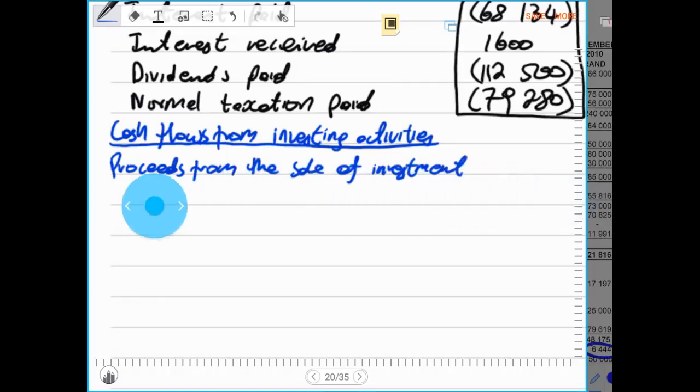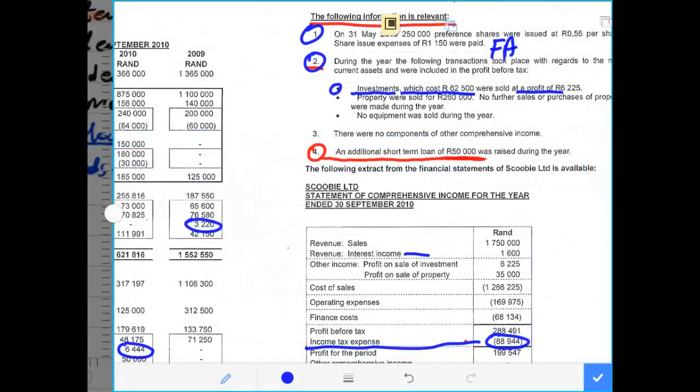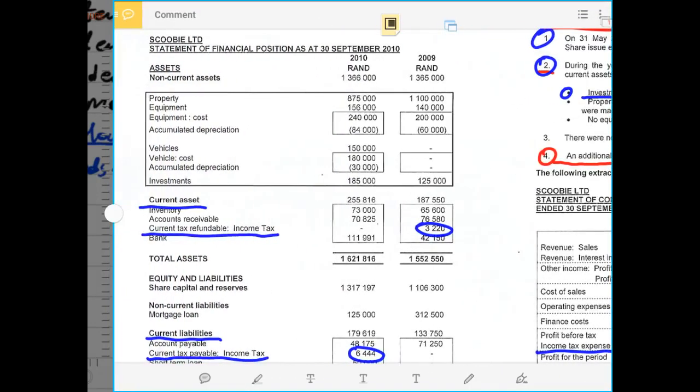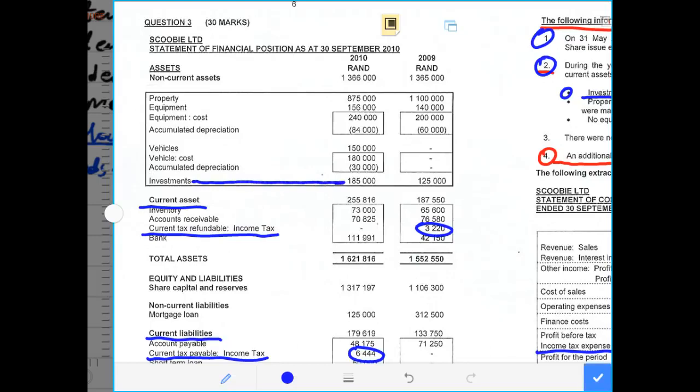In this case, we know that the cost of the investment was 62,500, and investment does not depreciate. If you go to the balance sheet, in your statement of financial position under the non-current assets, we have investment there, and we don't have accumulated depreciation for investment.